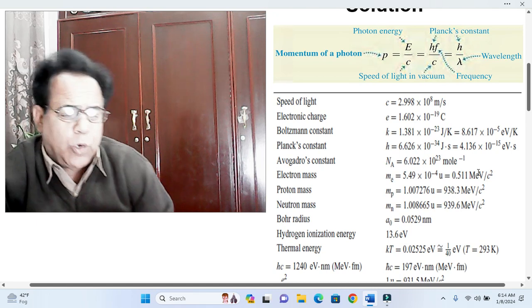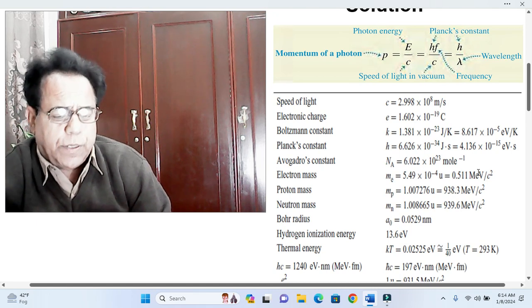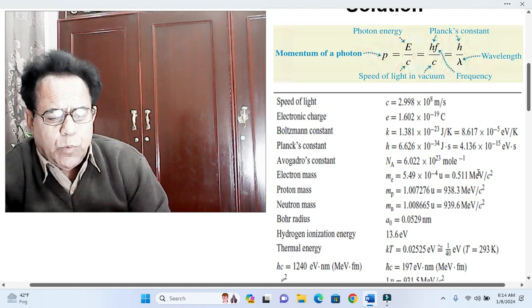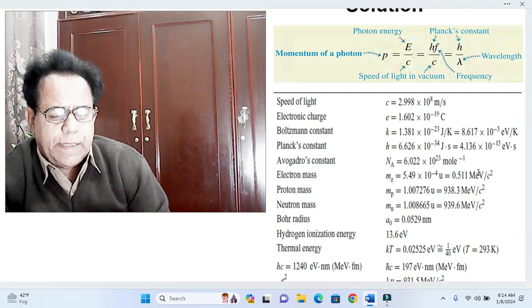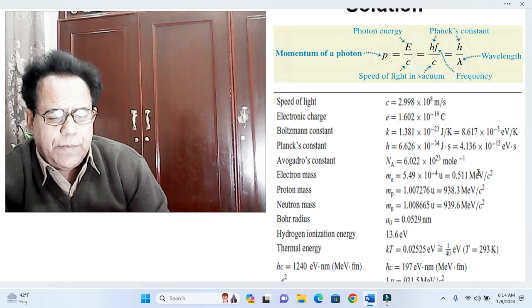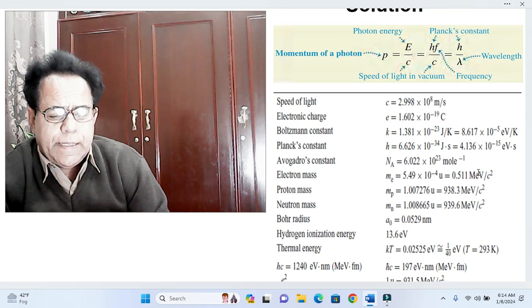The first snapshot is about momentum of a photon. Momentum of a photon p is equal to E over c, where capital E is the photon energy while c is the speed of light in vacuum.